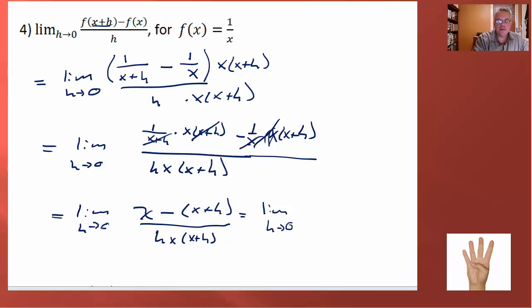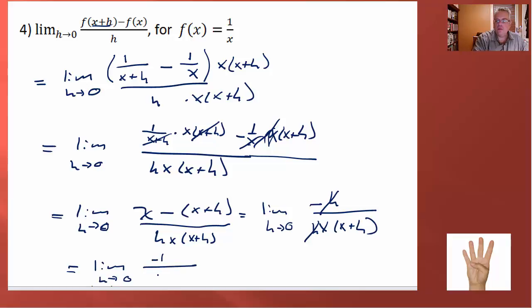As the limit as h approaches 0 of, well, x minus x will be 0. We're left with minus h over h times x plus h. We're still in trouble because this goes to 0 and that goes to 0, but these cancel. And we're left with the limit as h approaches 0 of minus 1 over x times x plus h.